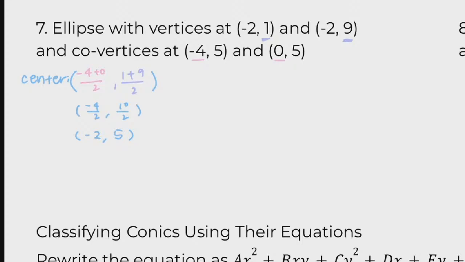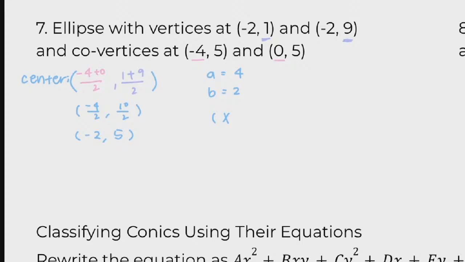Okay, so now looking at how far the vertices moved from the center, from 1 to 5 and from 5 to 9, that's going to be 4. So that means a equals 4, since the vertices give us the a value. And then b will equal the distance between the center and one of the co-vertices. So looking at the x-coordinate from negative 2 to negative 4, that's going to be 2. And this will tell us how to fill in our equation.